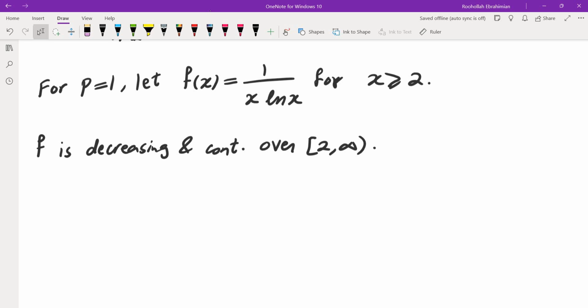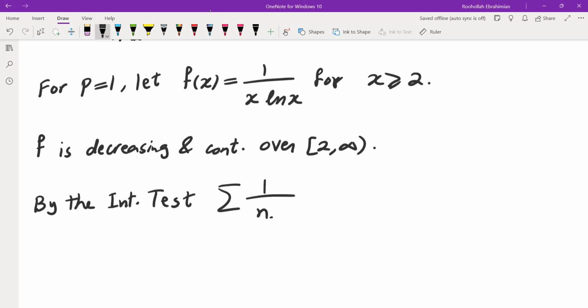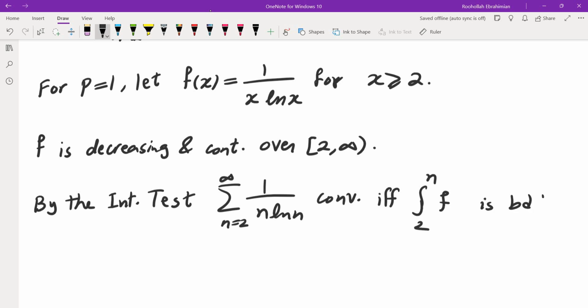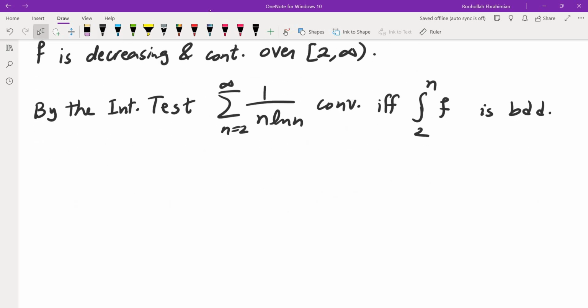So then what I can do is say by the integral test, the sum of 1 over n natural log n, n equals 2 to infinity, converges if and only if the sequence of integrals from 2 to n of f is bounded. So now we're going to have to take the integral of this.